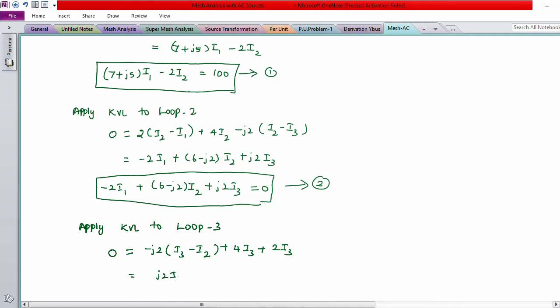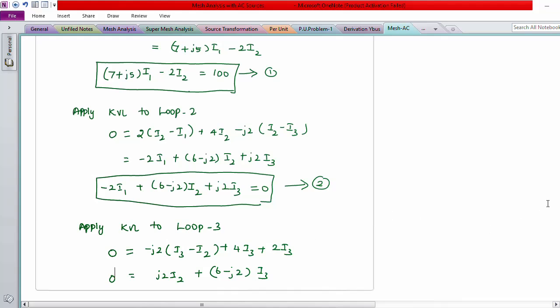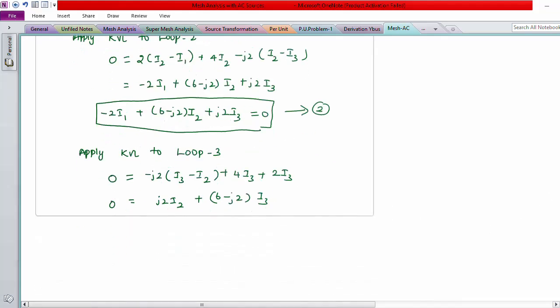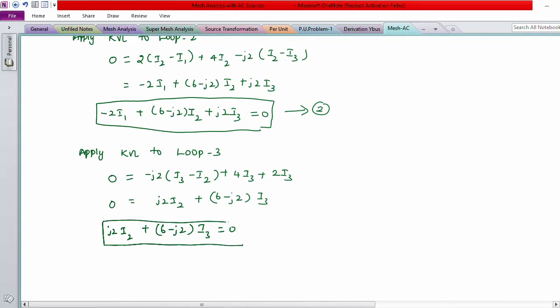So J2 I2 plus (6 minus J2) I3. So we can rewrite this equation as J2 I2 plus (6 minus J2) I3 equal to 0. Take this as equation number 3.